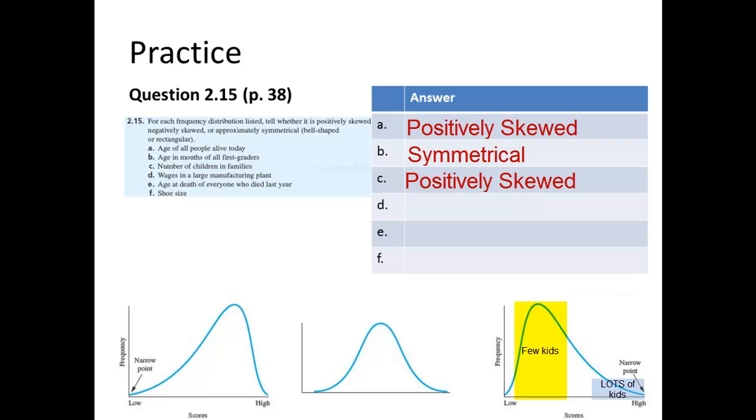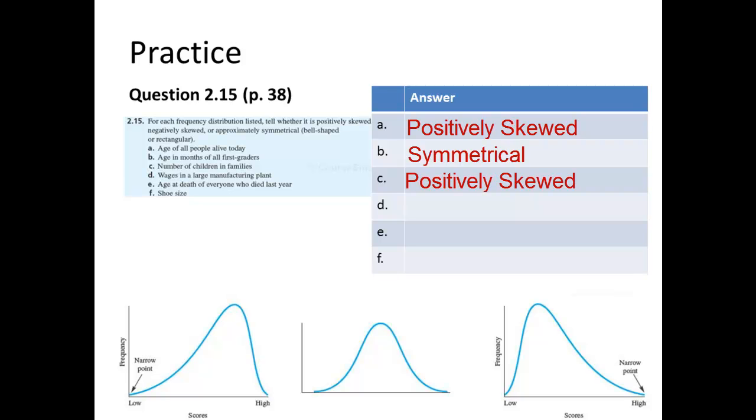So anyhow, there will be a few occurrences of large families, making a narrow tail at the right side, because more kids in the family would mean recording data on the right, less kids on the left. If the predominance is for less kids, then the hump will be on the left, the tail on the right, and this is another positively skewed distribution.